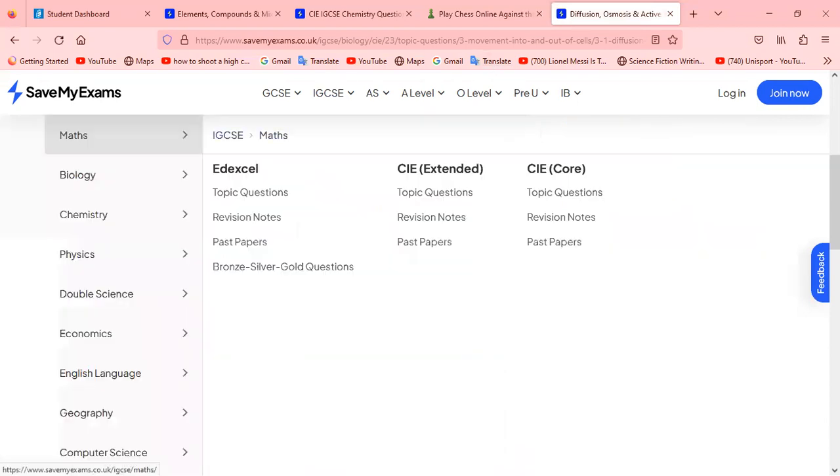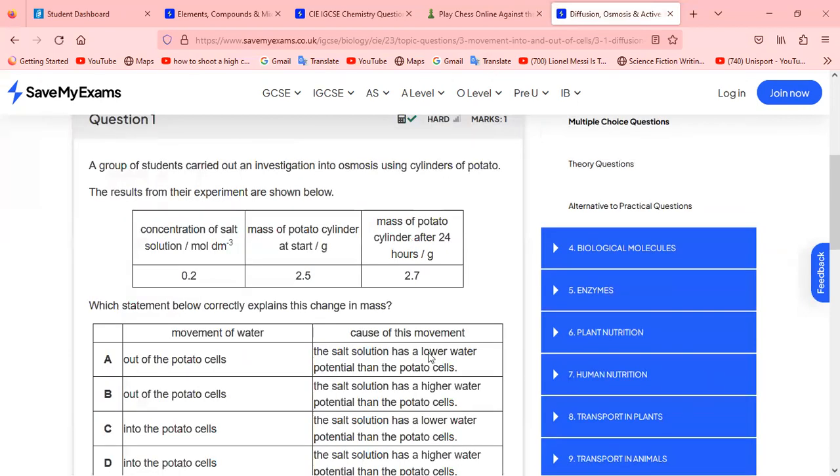A group of students carried out an investigation into osmosis using cylinders of potatoes. The results from the experiment are shown below. Concentration of salt, mole per dm cube, 0.2.